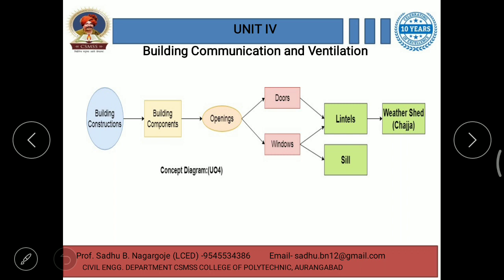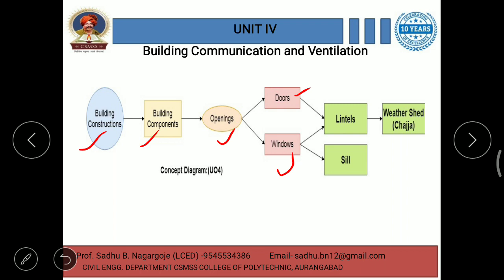is shown in this concept diagram. First of all, building construction, then building components. In building components, we are studying the openings, and the openings have two types: doors and windows. For doors, only lintels are provided.